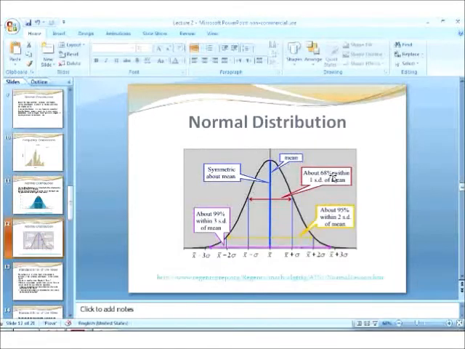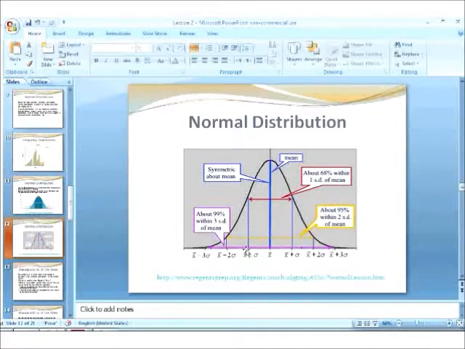And here is more. This is the mean, which lies right in the center, and it has a smooth peak here. Then 68% of the data set lies within one standard deviation of the mean, about 95% lies within 2 standard deviations of the mean, and 99% lies within 3 standard deviations of the mean.